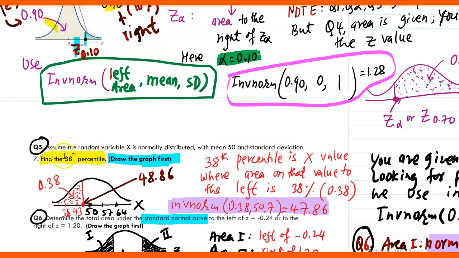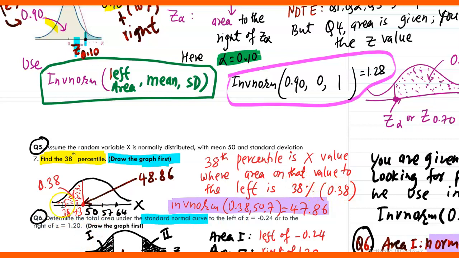Find the 38th percentile. What do you mean by that? Let me tell you about the 38th percentile in general. The 38th percentile is the x value where the area to the left of that value is 0.38, or 38%.